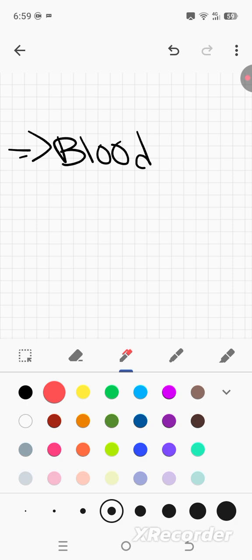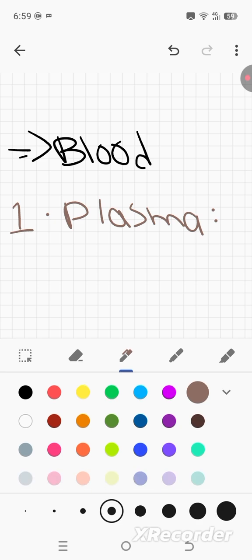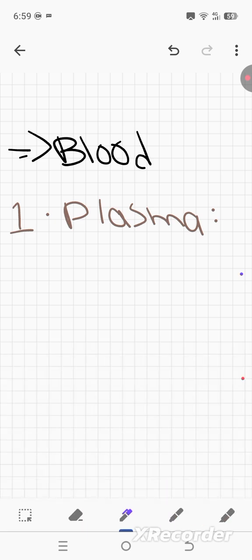Today we will look into the parts of blood. First, the part that is plasma. Let's see plasma in detail.